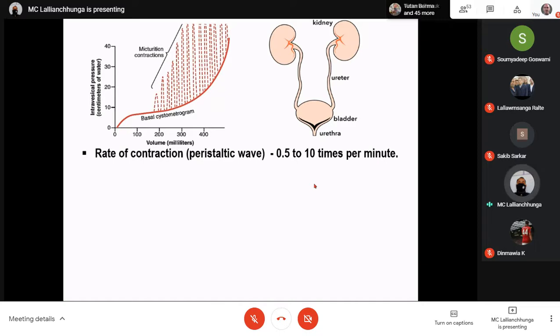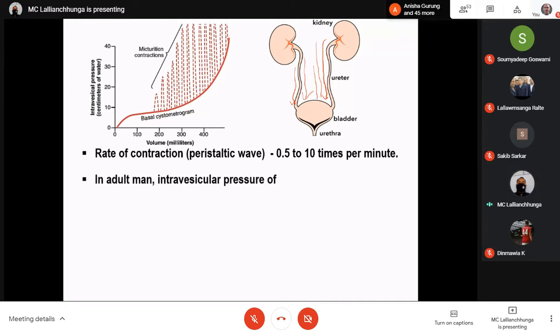That means one peristaltic wave will pass through the ureters, and after that is finished, another wave will come again. Here on the right side also, that will be repeated again and again. Within 1 minute, the peristaltic wave may occur 0.5 to 10 times.